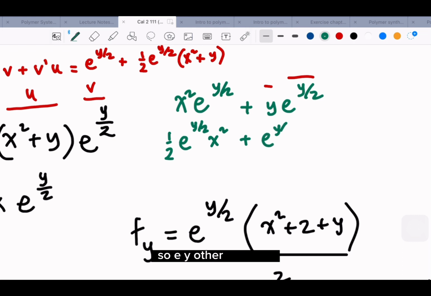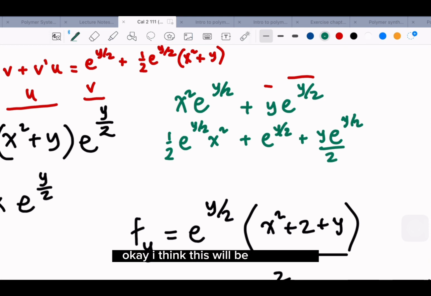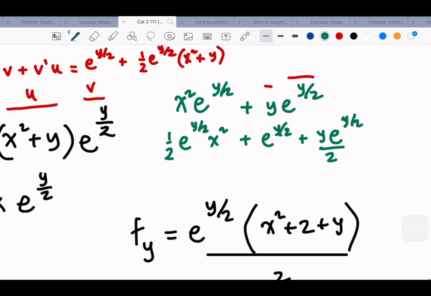So e y over 2 plus y e y over 2 over 2. Okay, I think this will be consistent.